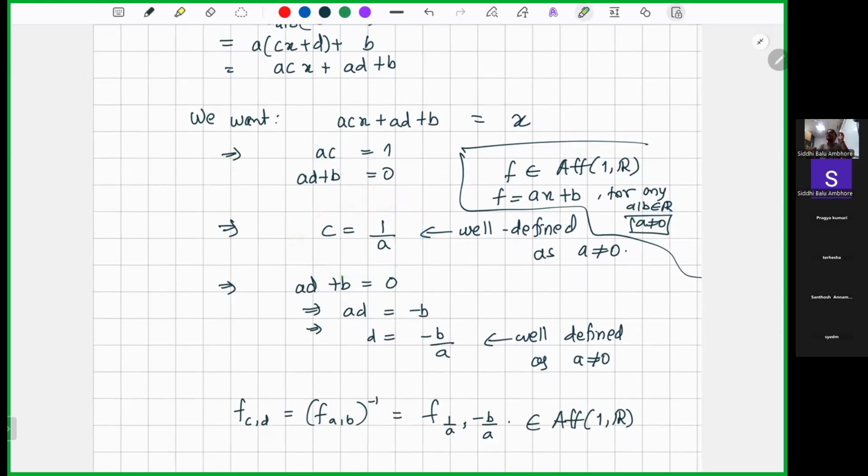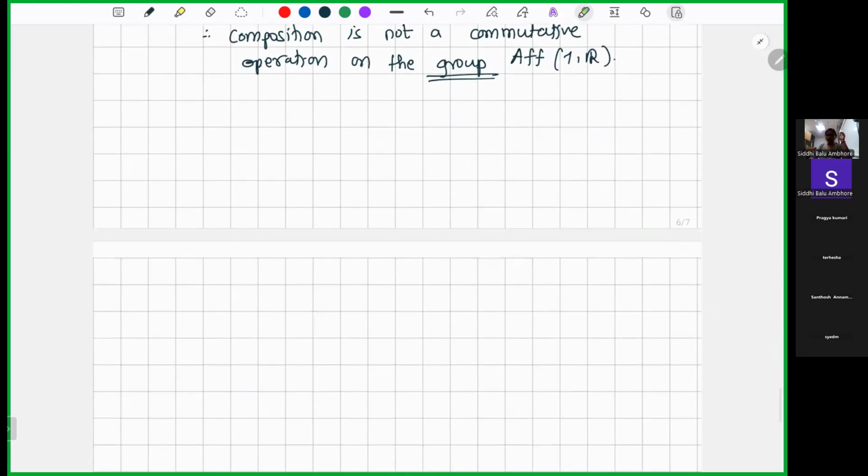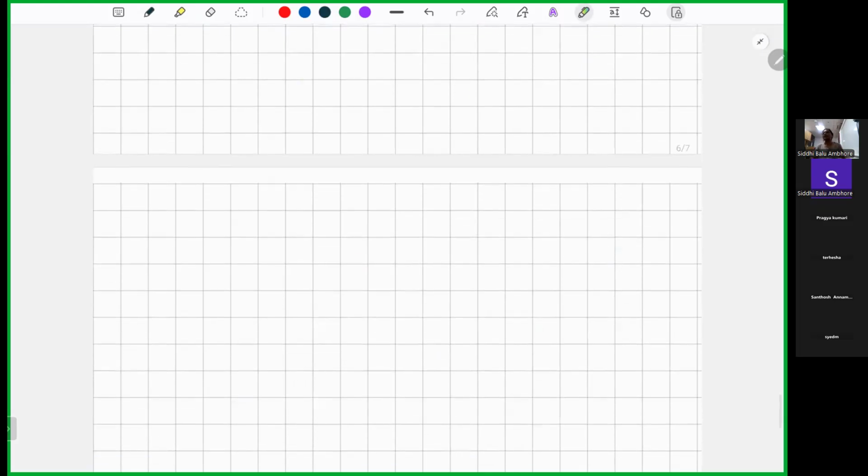If A was 0, this C won't make any sense. That's how we get that it won't form a group if we don't have this specific condition to define this set, the affine group of R. I hope that is clear, and we should move forward to the next question.